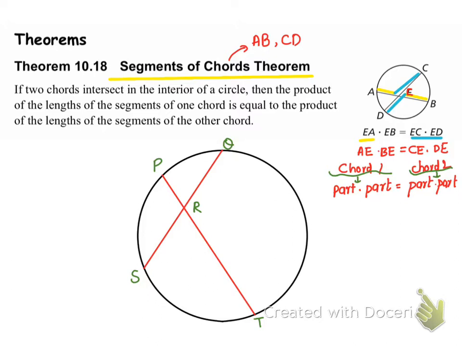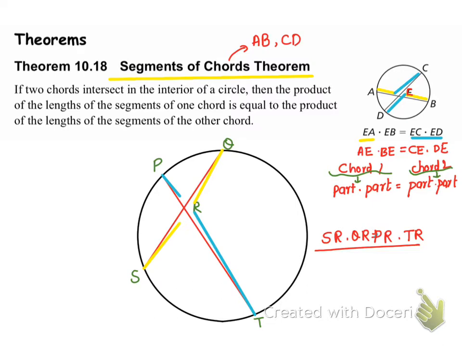In this case, our expression is going to be SR times QR equal to the other two parts, PR times RT. That's PR times TR, up to you how you want to write it. So that's our expression for segments of chords theorem.